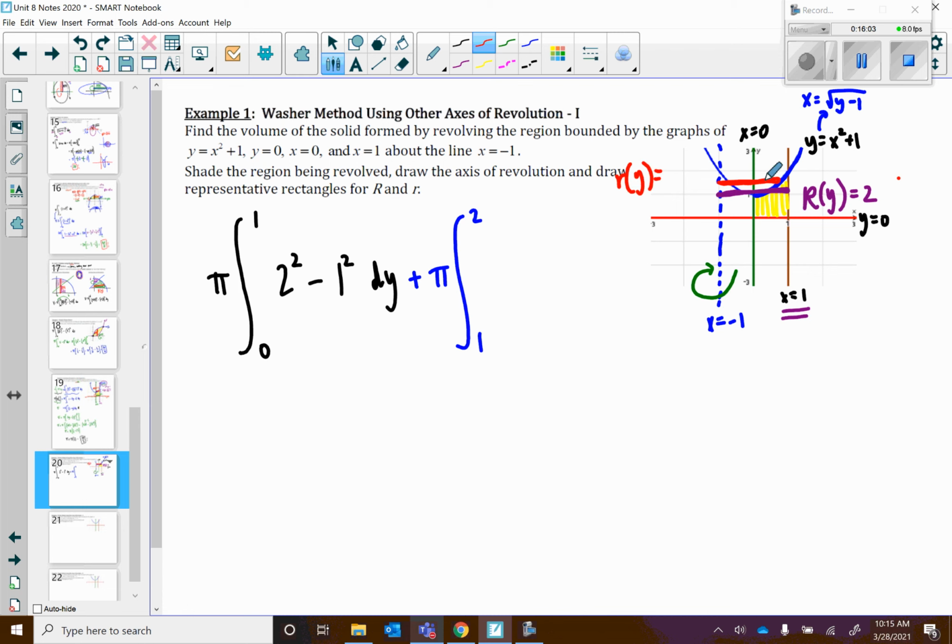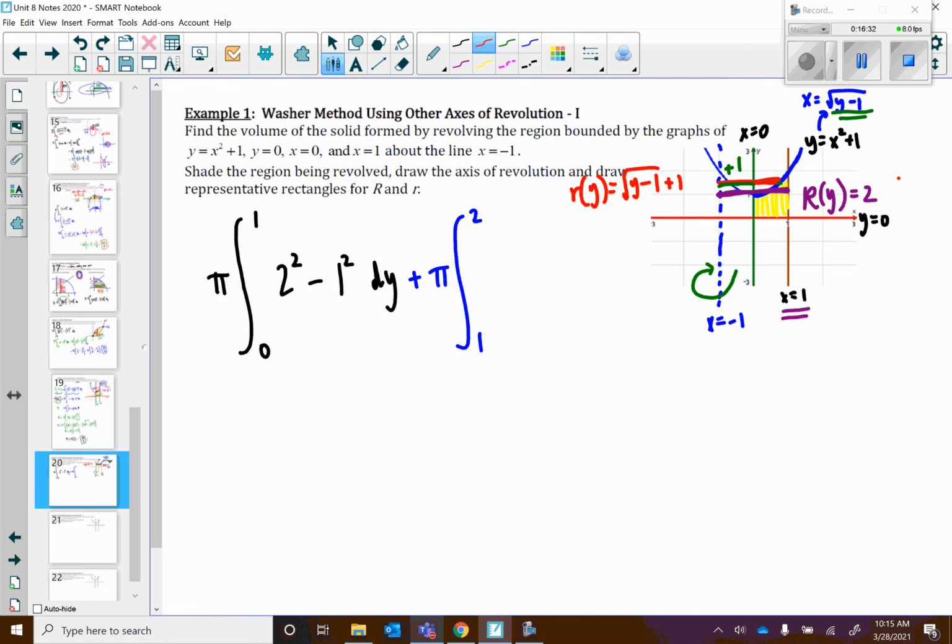So this distance right here from the y-axis to the curve is the square root of y minus 1. But then we have to add on to it this distance of 1. So the entire small radius would be the square root of y minus 1 plus 1.